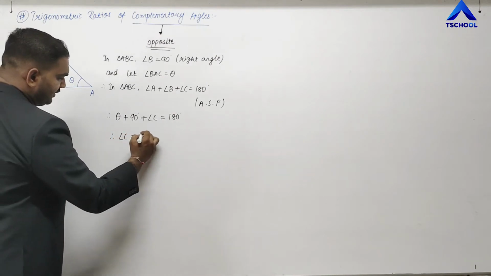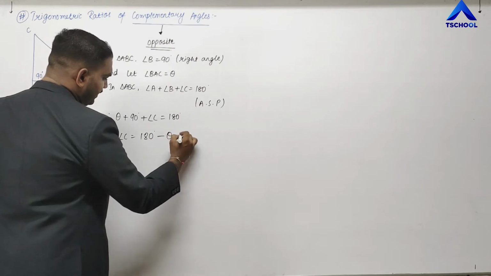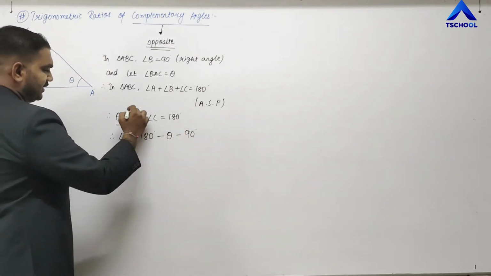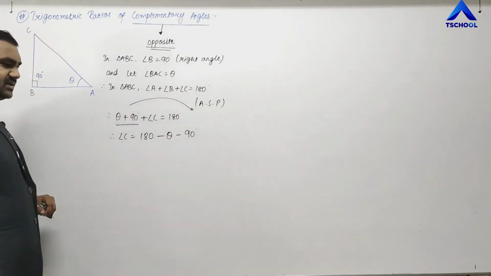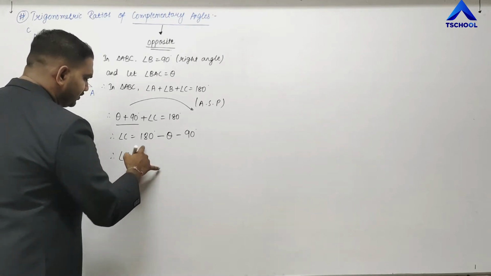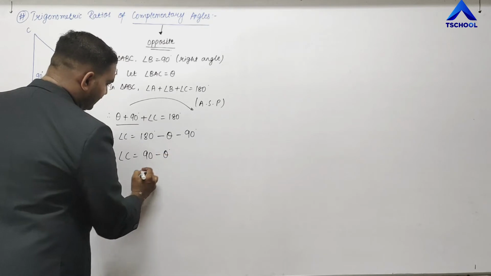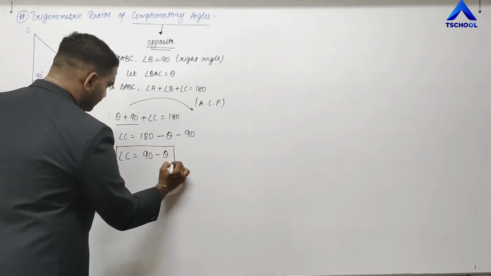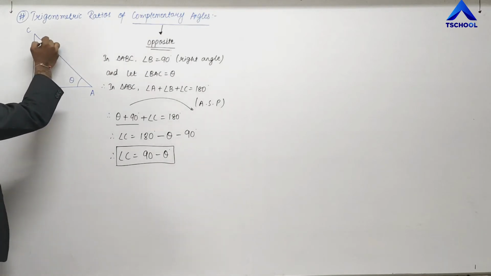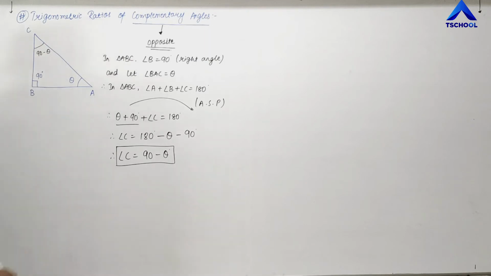Therefore, angle C is equal to 180 degree minus theta minus 90 degree. This theta plus 90 will go on the other side. Therefore, angle C is equal to 180 minus 90, that is 90 minus theta. So we got the third angle C, that is 90 minus theta.